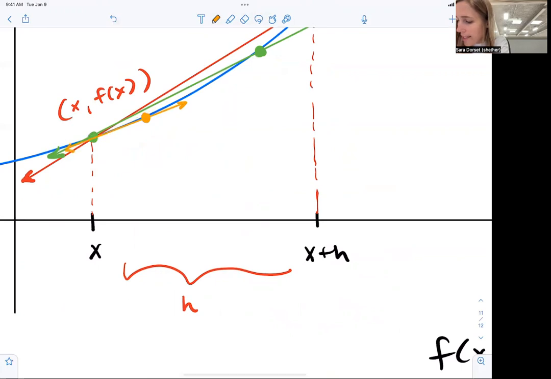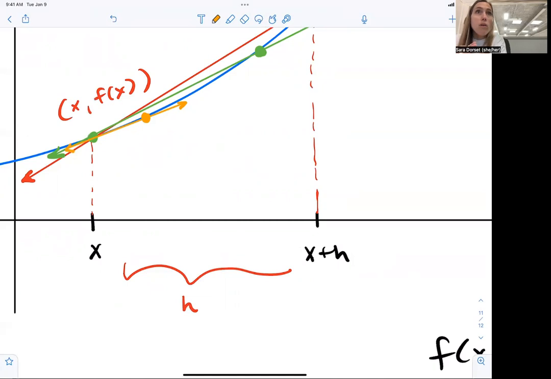Right? The slope of that secant line would be even more accurate. But we're thinking about making h, which is the length of the interval that you're calculating average rate of change over, smaller and smaller and smaller.